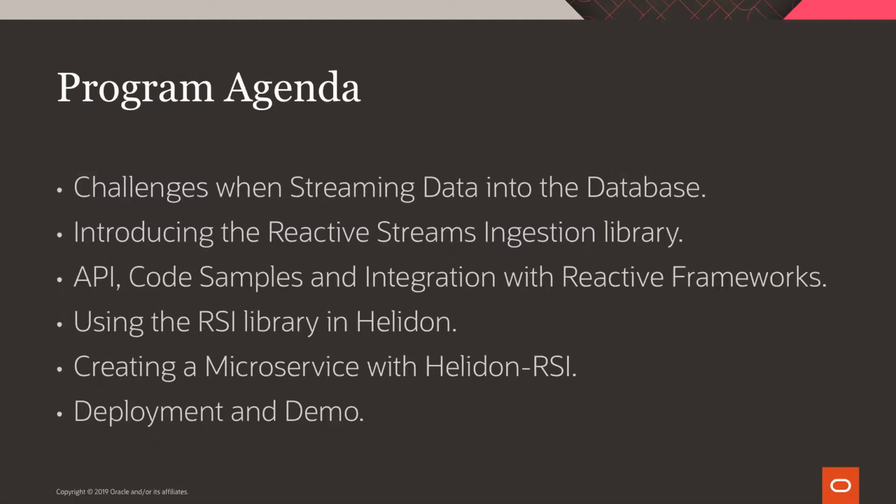We're going to show how to use the library with Helidon, and talk a little bit about Helidon also, which is Oracle's response for microservices. And then we are going to do a little demo of this microservice. We're going to do all these tests with the Oracle Cloud.